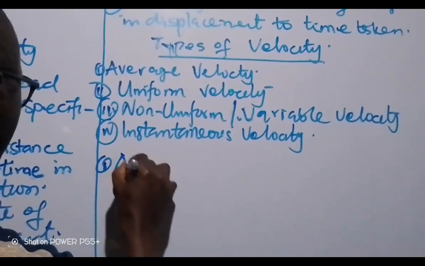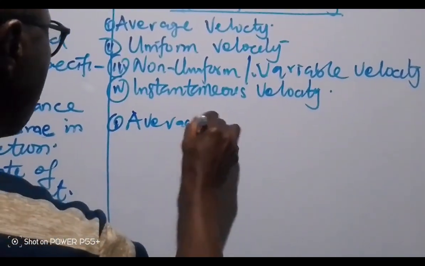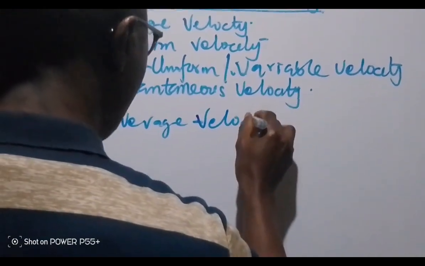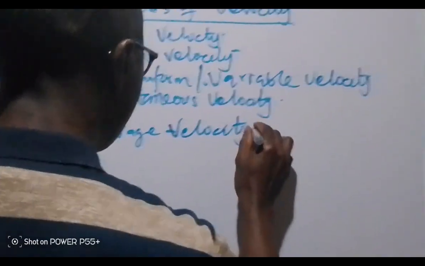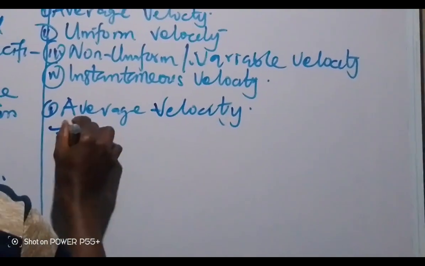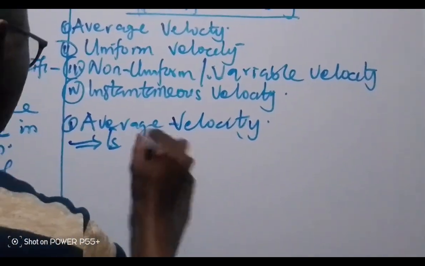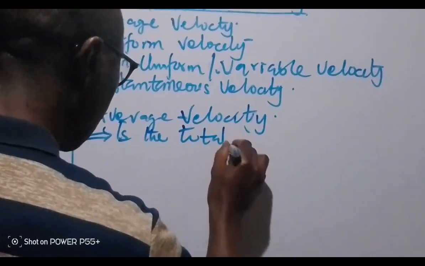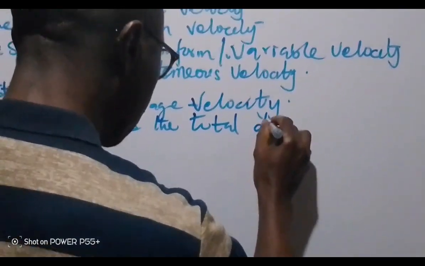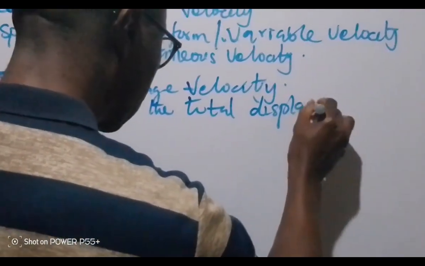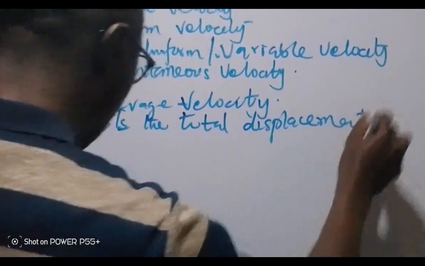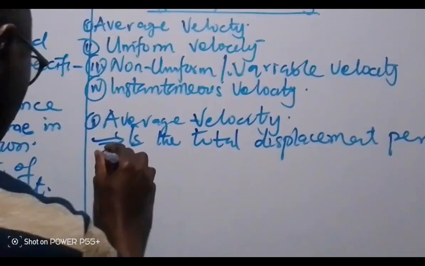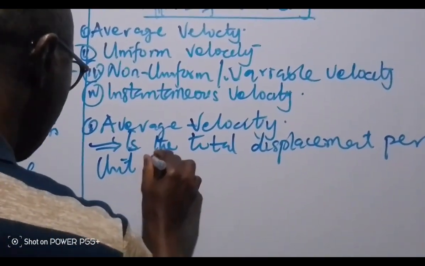1. Average velocity. Average velocity is the total displacement per unit time.